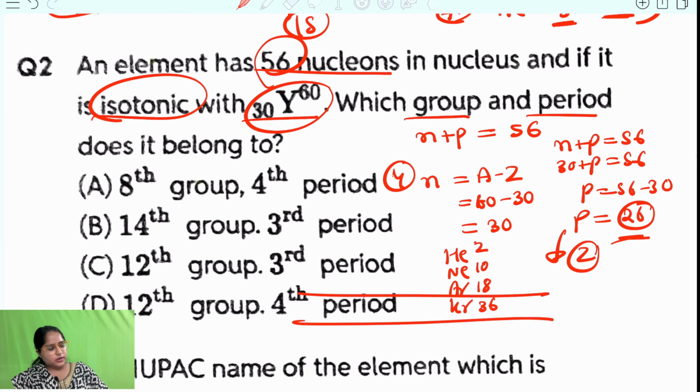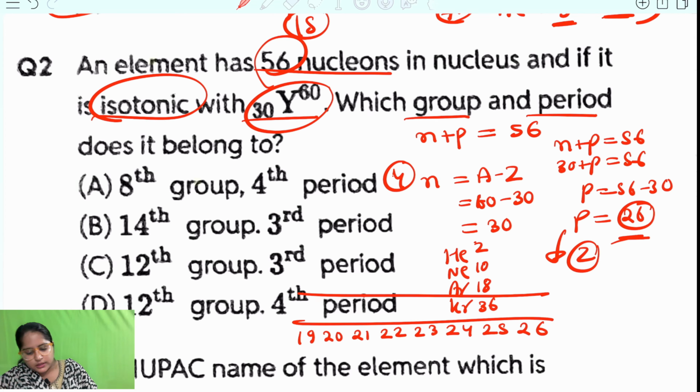So let me write a little down here. After 18, 19, 20, then we will have 21, then 22, 23, 24, 25, and then we have our 26.